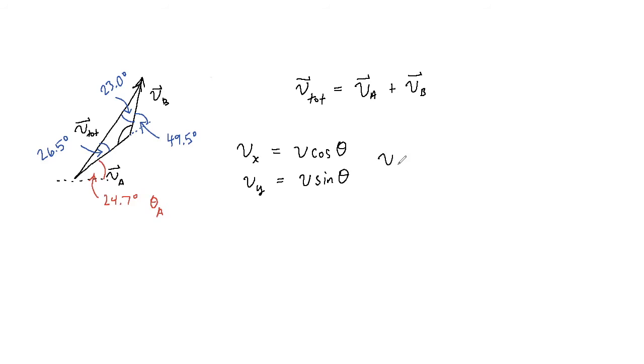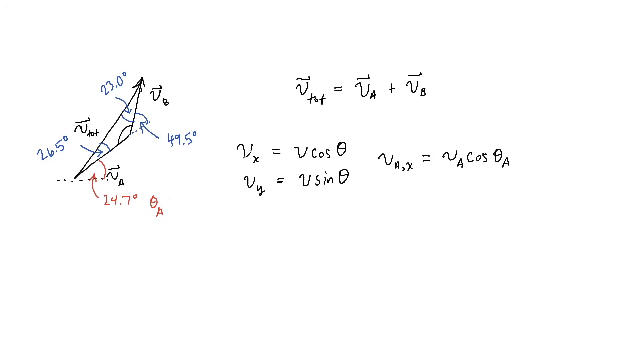So the x component of vector A, V_A,x, is going to be V_A magnitude times the cosine of theta A. And so theta A is this 24.7 degrees.